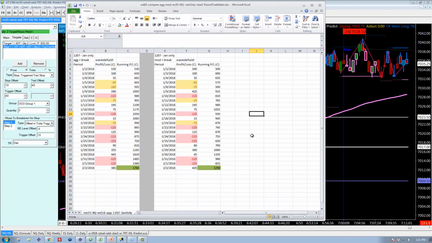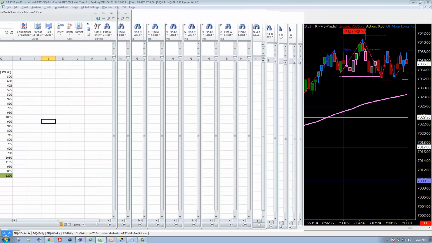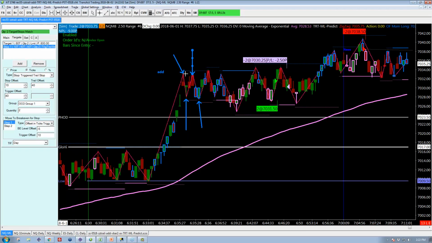Okay. And so on the left is what the parameter was actually, hold on. The parameter was that these points, if they're within 10 ticks of each other, then you consider it sideways.